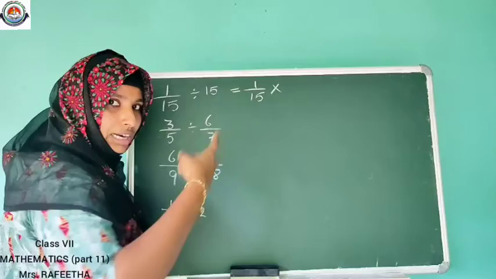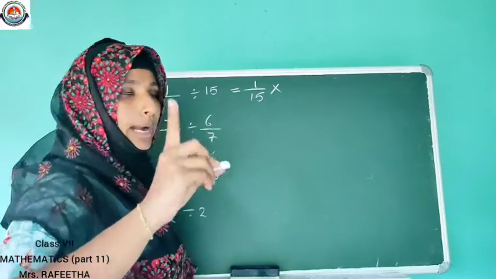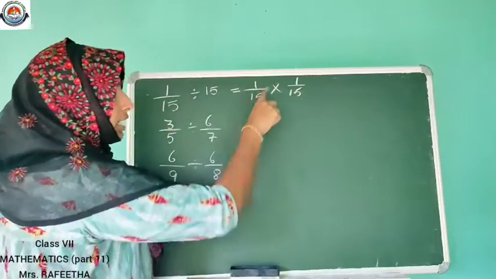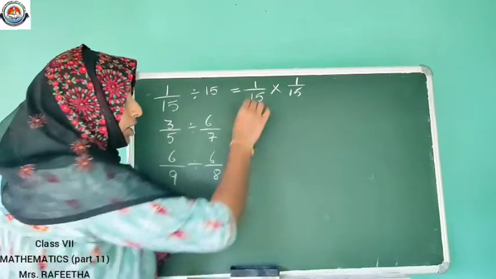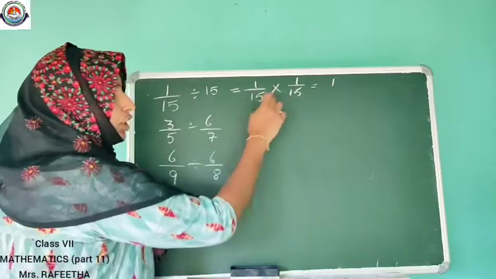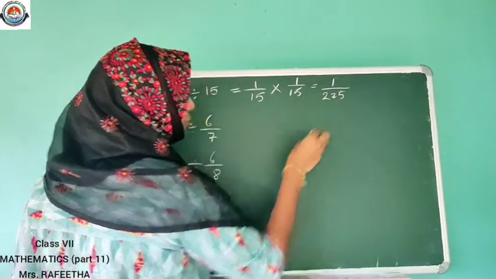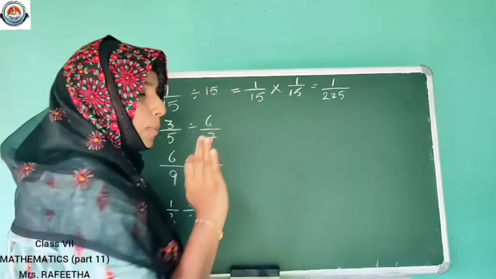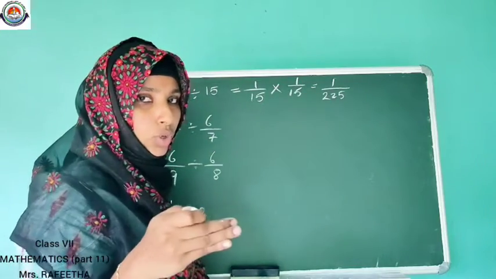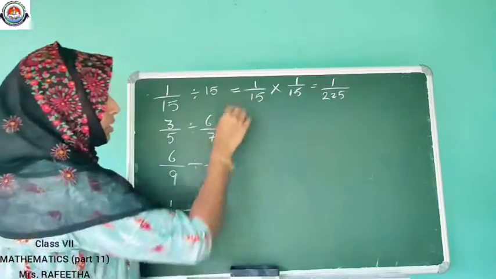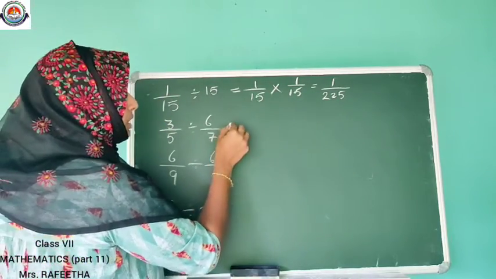Instead of 15, what is the reciprocal of 15? 1 by 15. Okay, so here direct multiplication. 1 into 1, 1. 15 into 15, that is 225. 15 square, 225. So here this is a proper fraction, so there is no need to convert to any other mixed fraction. Okay. So here 1 by 225 will be the answer.